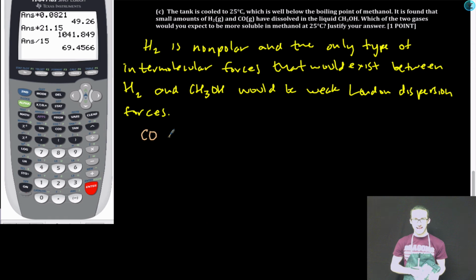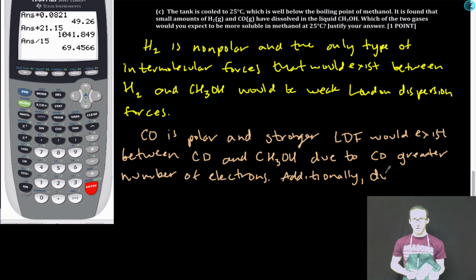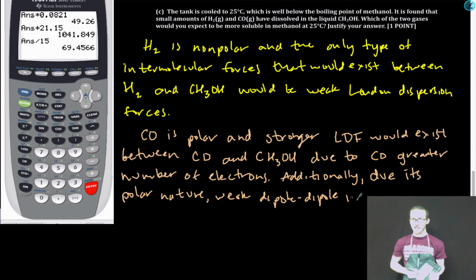Carbon monoxide is polar, and stronger London dispersion forces would exist between carbon monoxide and methanol due to carbon monoxide's greater number of electrons. Additionally, due to its polar nature, weak dipole-dipole interactions would exist between carbon monoxide and methanol.